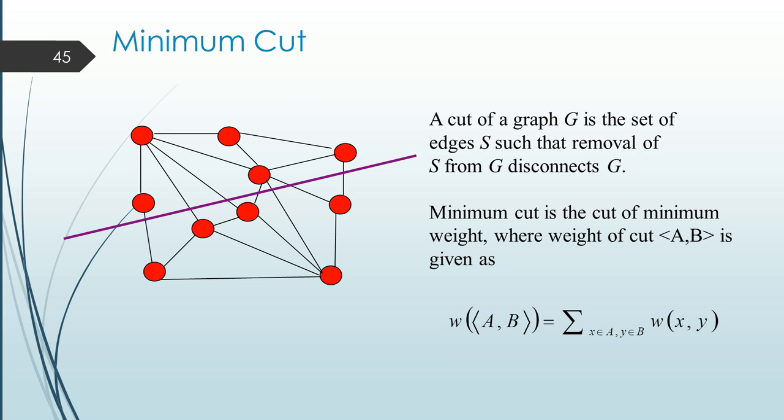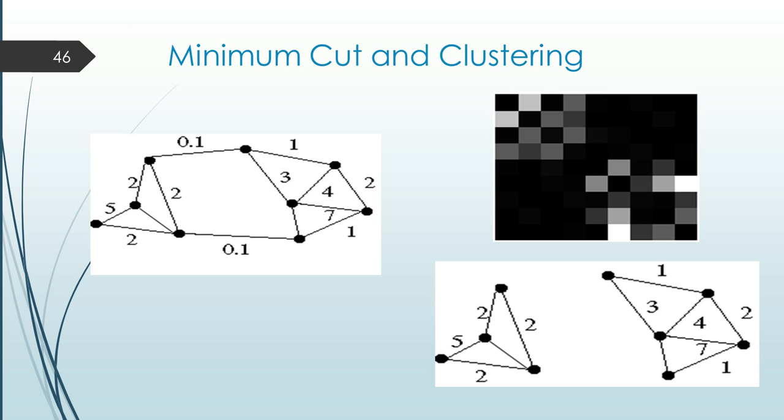As I mentioned before, we have different weights, so we're going to perform the cut on the sum of the different weights. For example, here we have a particular graph on the left, with different nodes connected with different lines that represent particular weights, and we perform in this case the cut based on the minimum, which is the one with 0.1.